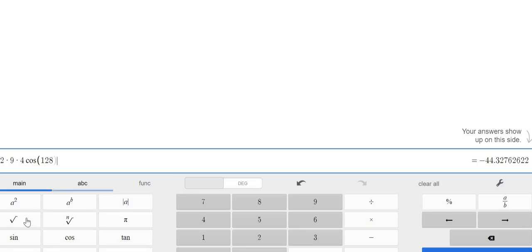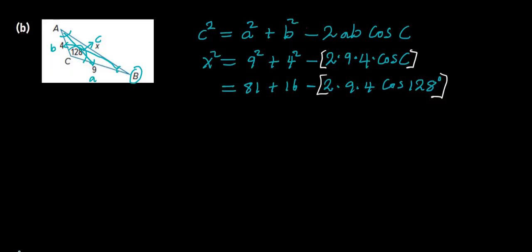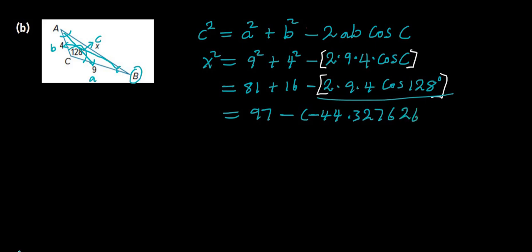44.32762622. So 81 plus 16 is 97, minus the whole of this value, which gives us negative 44.32762622.